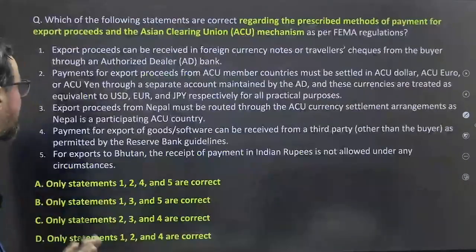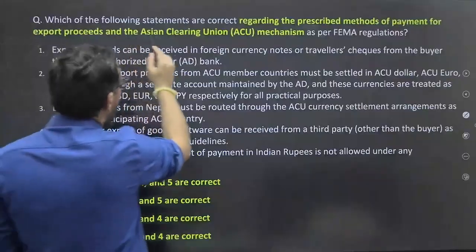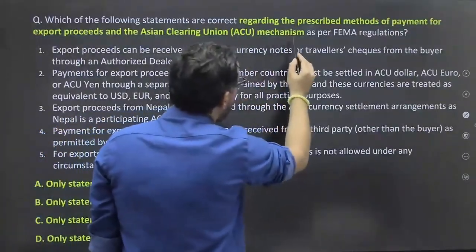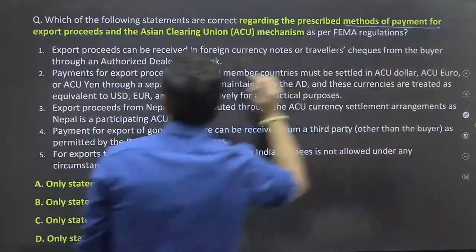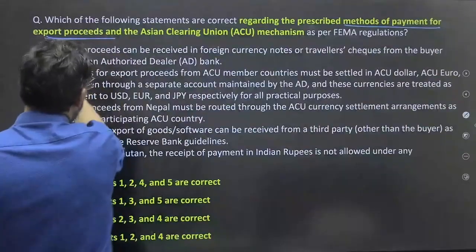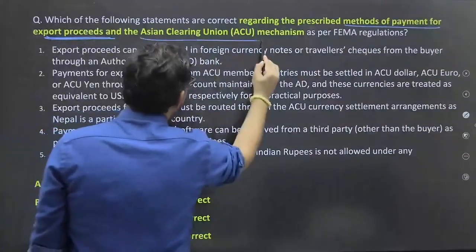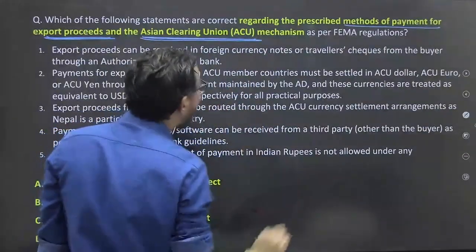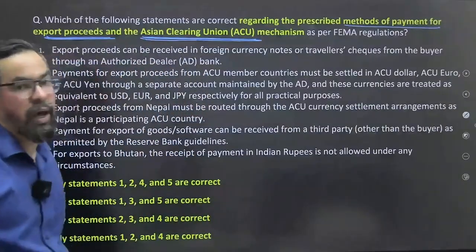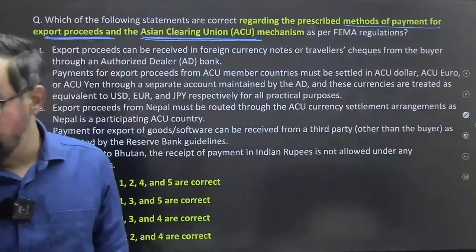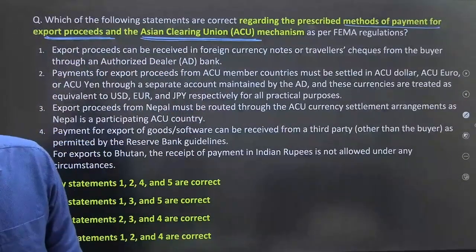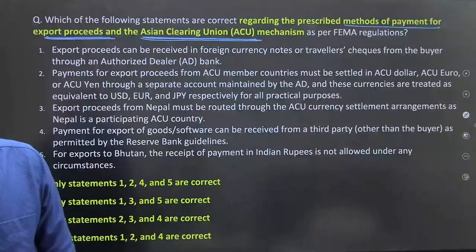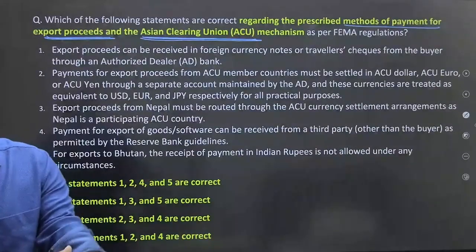Very good, awesome guys. Chalo, which of the following statement are correct about the prescribed method of payments for export proceed and Asian clearing union mechanism as per FEMA regulation, ठीक है। So this Asian clearing mechanism get asked last year also, ठीक है, पिछले साल भी इसके ऊपर आपका एक क्वेश्चन पूछा गया था, ठीक है। So what will be your correct answer?